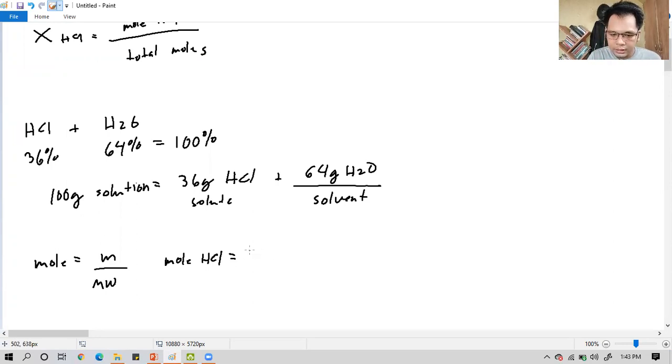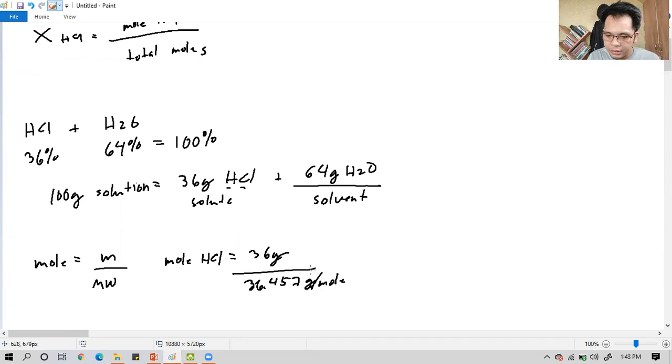What is the mass of our HCl? That is 36 grams. What is the molecular weight? Again, from the periodic table, the sum of the atomic weights of hydrogen and chlorine. You've probably memorized that, and it will be 36.457 grams per mole.